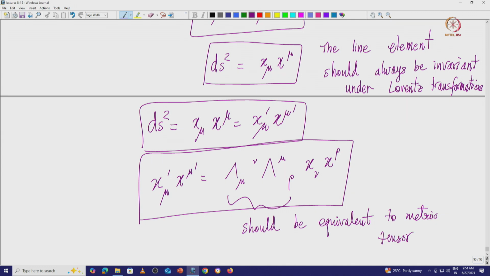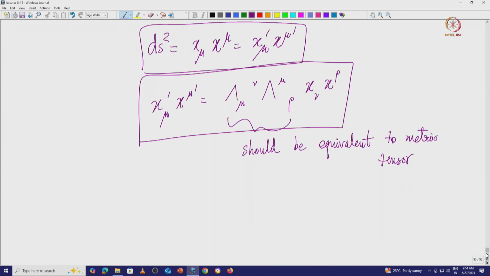On the left hand side this is a length, so this should also be a length on the right hand side. We have to be careful with the indices. So this entire thing should be equivalent to the metric tensor on the right hand side. That means you have a condition that g mu nu lambda mu alpha lambda nu beta is equal to g alpha beta.